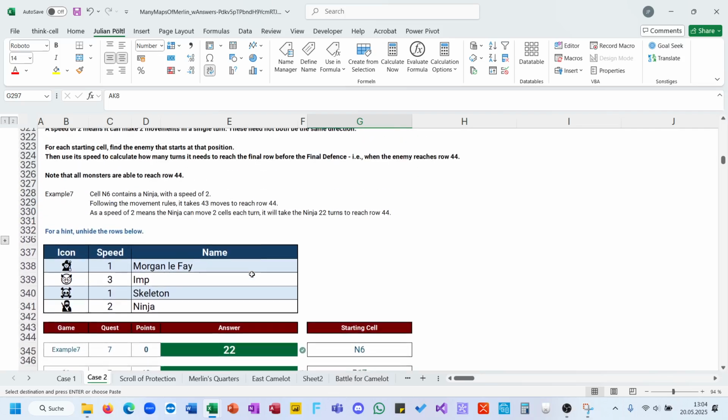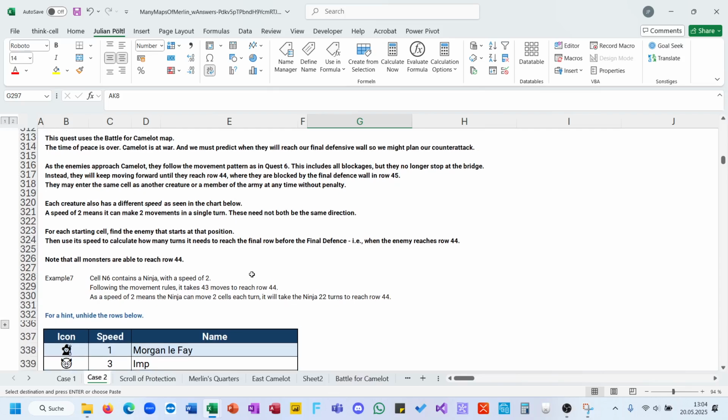Oh boy. Okay. But I no longer stop at the bridge. Instead, I will keep moving forward until I reach row 44, without penalty. Oh, not to be in the same direction.